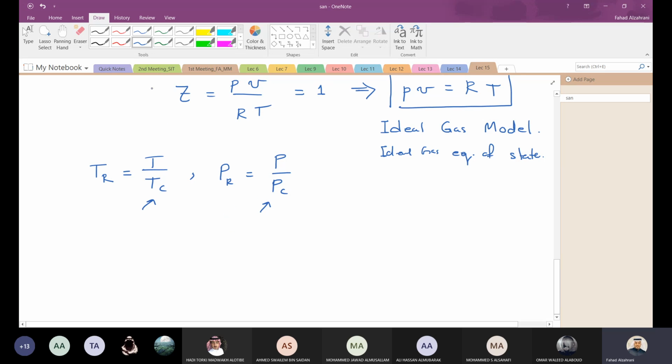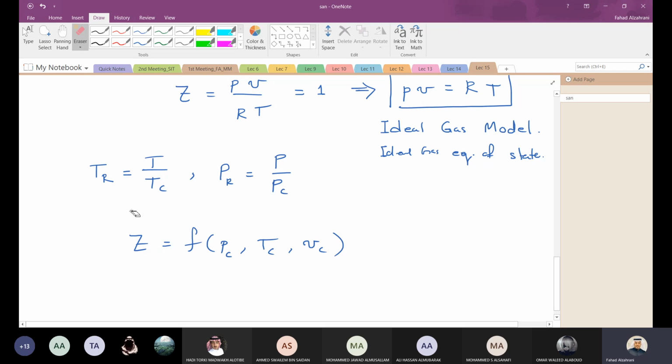So they said let us plot Z not as a function of pressure and temperature, but as a function of critical pressure and critical temperature, and also maybe critical specific volume. The critical specific volume is not going to be as straightforward as this, I will show you its equation later.